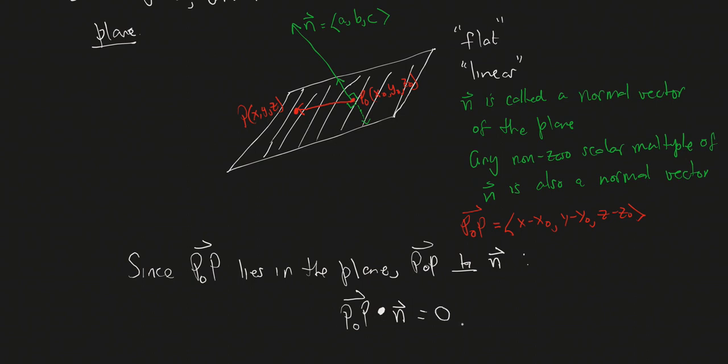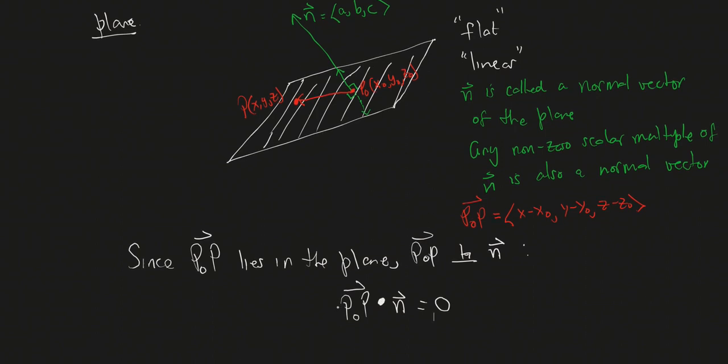And this is essentially the vector equation that defines a plane. If you have a general vector in the plane, and then you have a fixed vector that is orthogonal to the plane, then the dot product of those two vectors must be equal to 0.